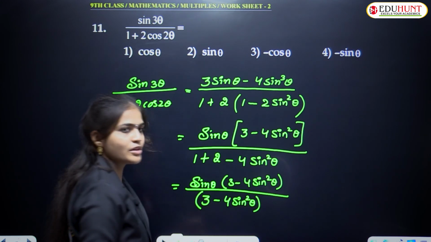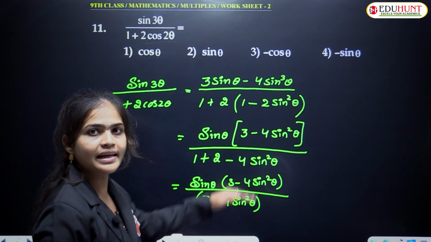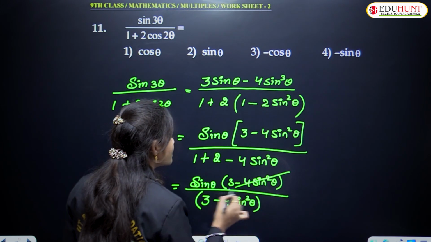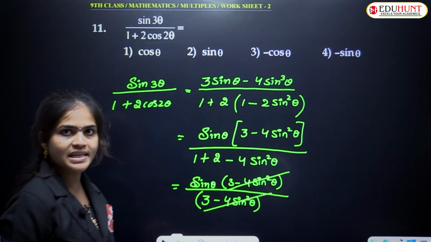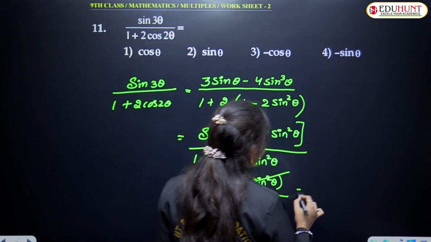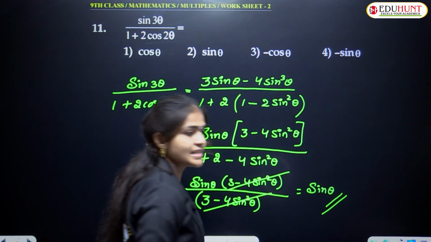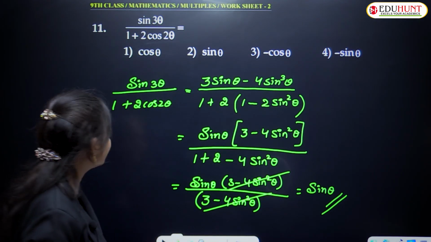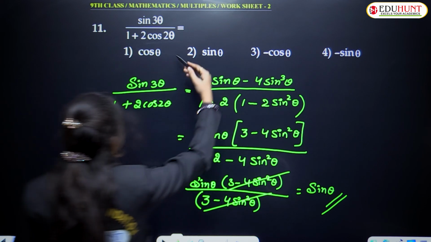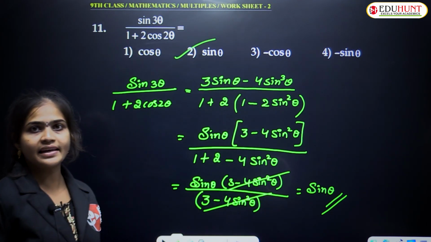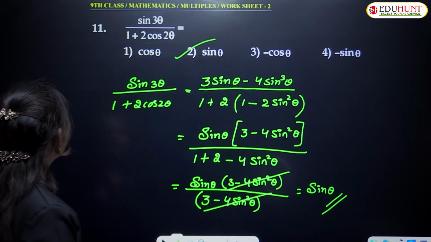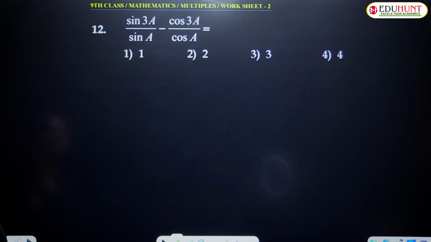So children, just observe that here again the numerator and denominator have the same terms, no? So these two same terms get cancelled. So finally we will get the answer as sin theta. What is the answer? The answer is sin theta. So which option is correct here? Yes, option 2 is correct. Am I clear?